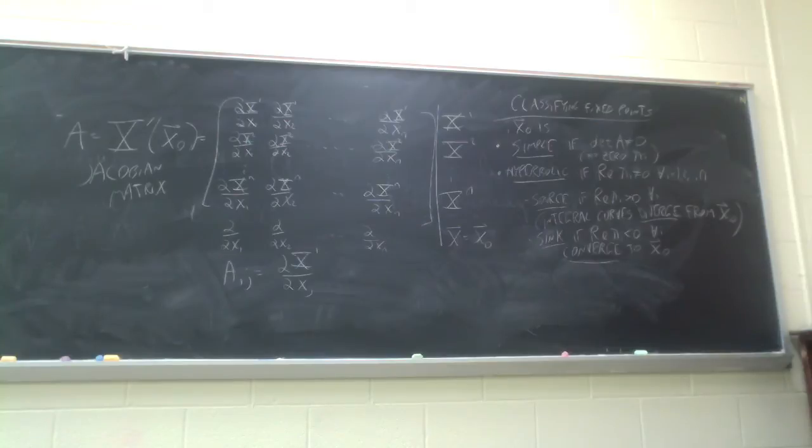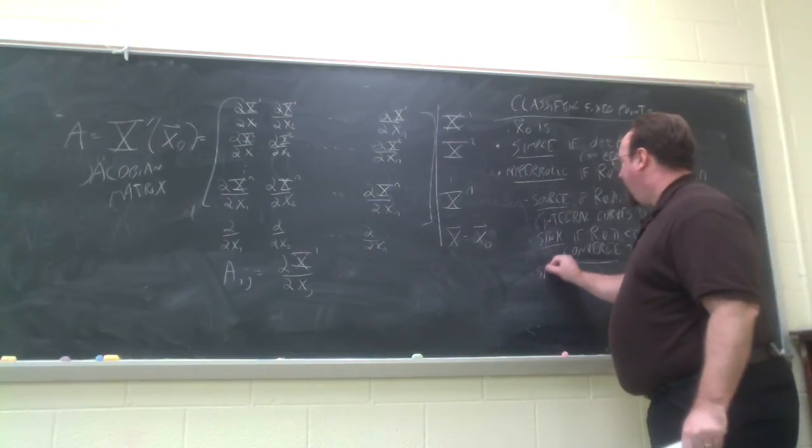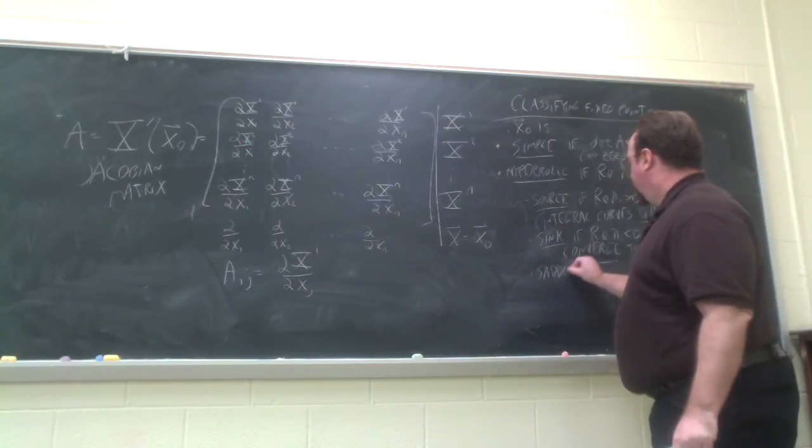It's like a black hole in the middle of your solution space that's sucking in all the integral curves nearby. Okay, so what happens if some are positive, some are negative? That's my next definition. That is called a saddle.